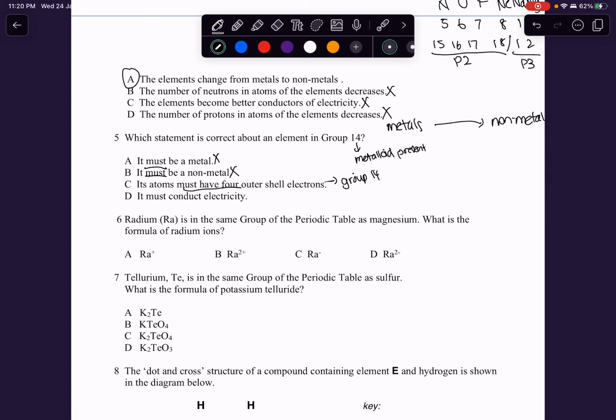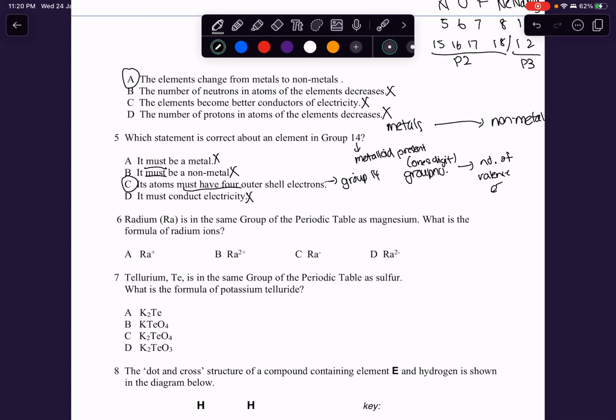So this is true for all. Remember back to atomic structure, your group number actually corresponds to the number of valence electrons, or rather the ones digit of your group number tells you the number of valence electrons.